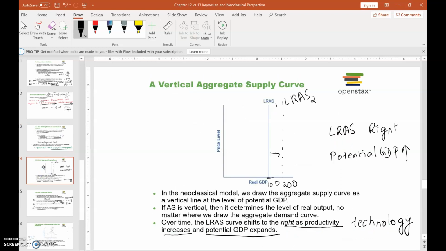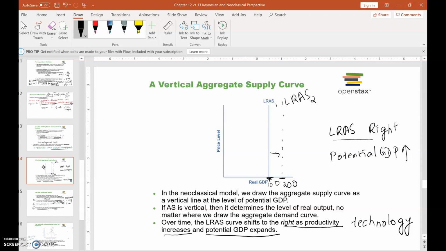Looking at this tool of the neoclassical model, we have a vertical long-run aggregate supply curve. If the long-run aggregate supply curve shifts to the right, the potential GDP increases. Each long-run aggregate supply curve is associated with a potential GDP.